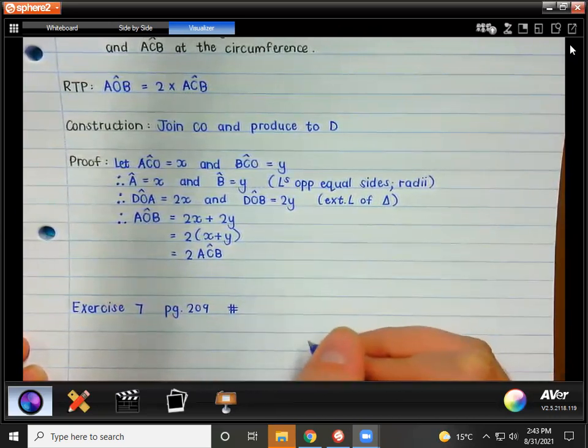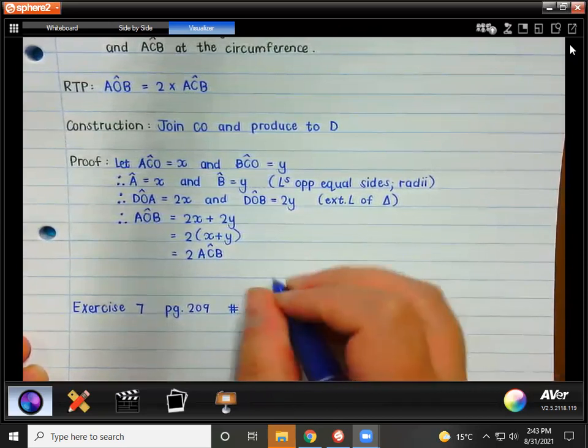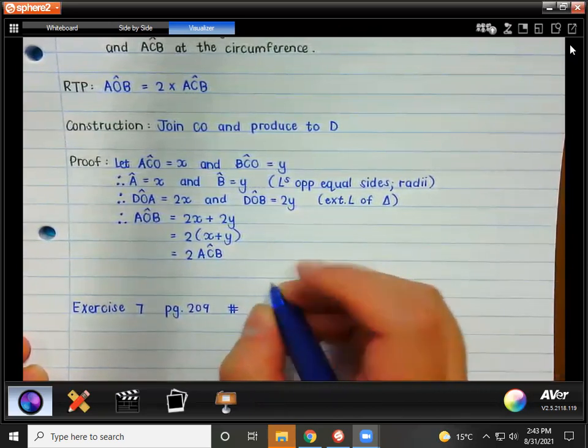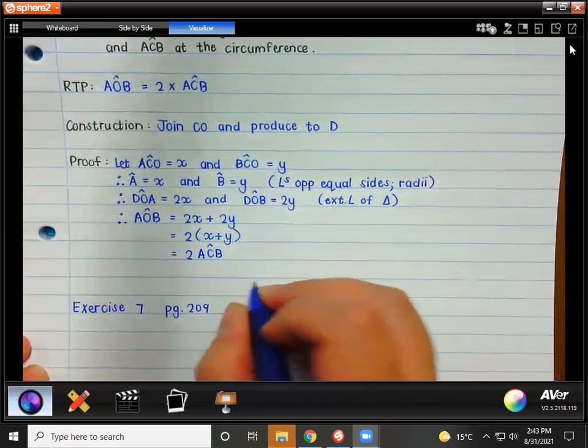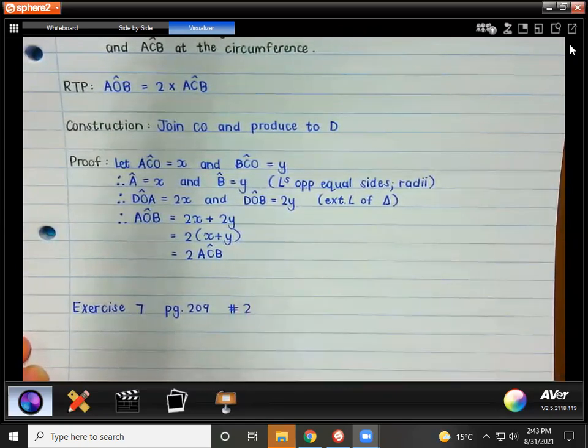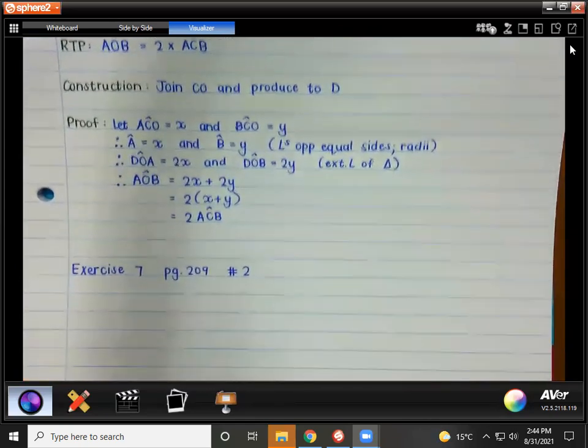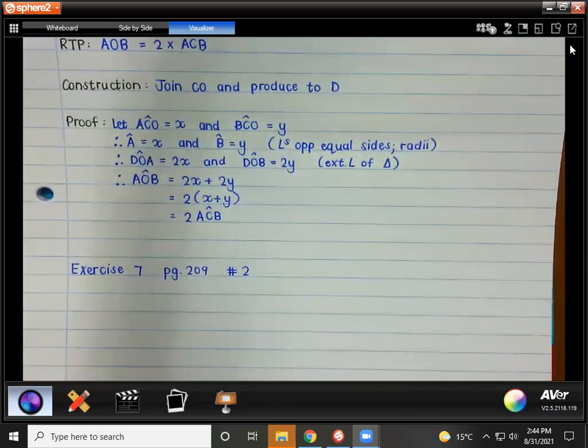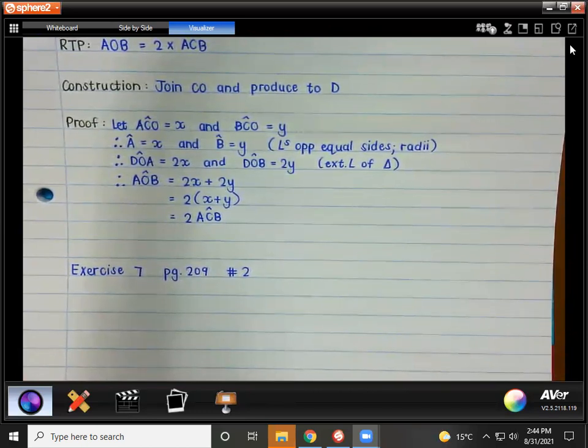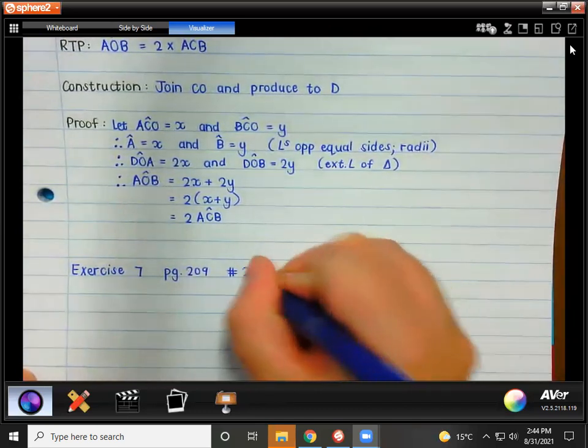I want you to do number 2, which is working with values in those angles, and then number 5.